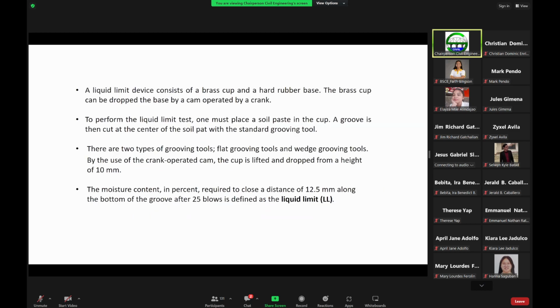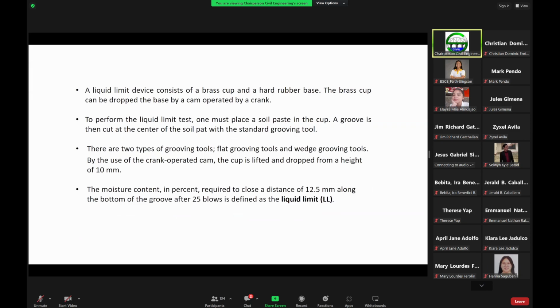So for a liquid limit device in the lab, I don't know if you have already done this, but if not, then you will be doing this in the lab. A liquid limit device consists of a brass cup and a hard rubber base.